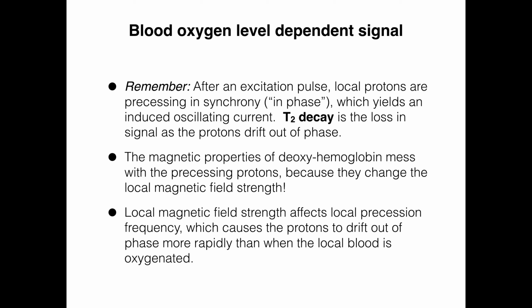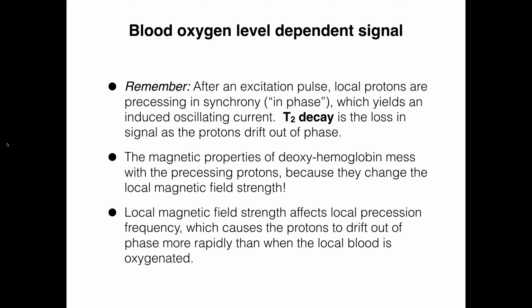So like how long you get that resonant signal coming from the tissue. The idea is that the magnetic properties of deoxyhemoglobin mess with all the protons that are precessing in local tissue because they change the local magnetic field strength.